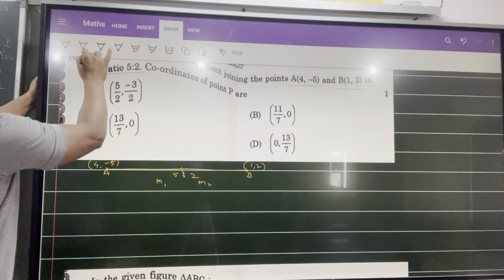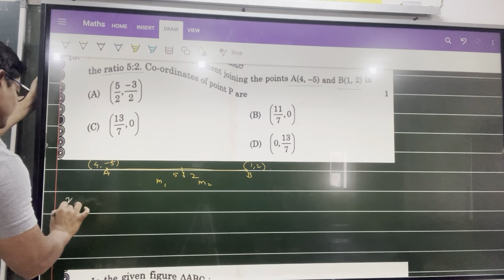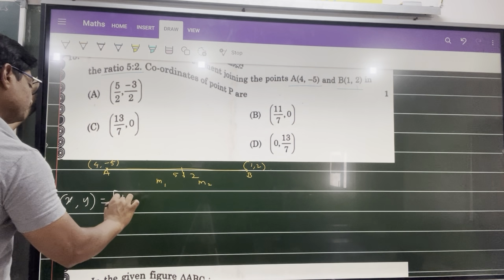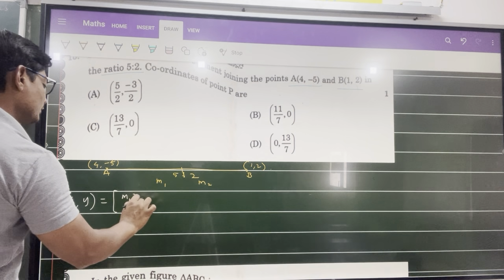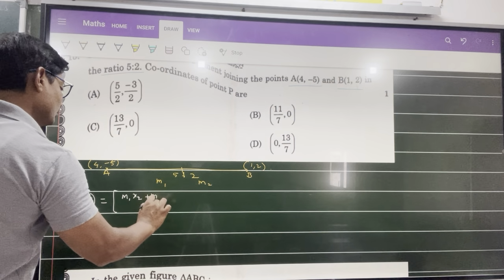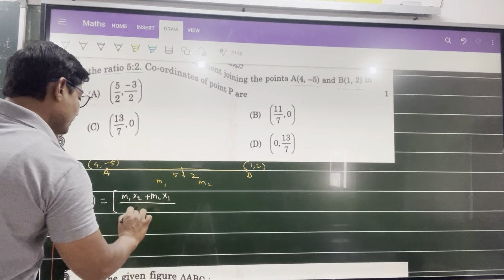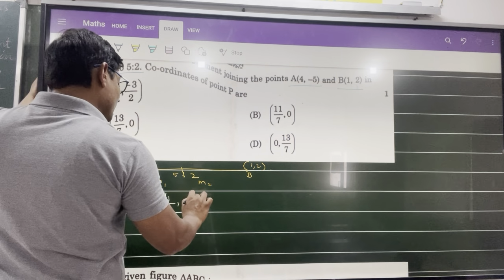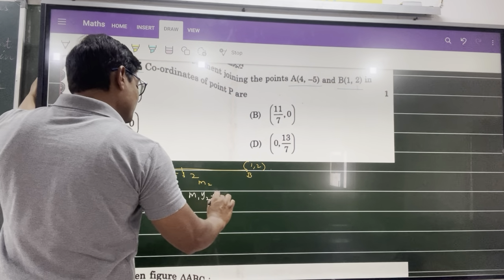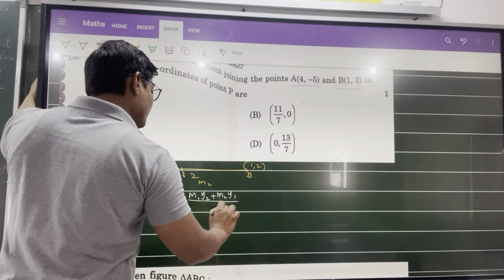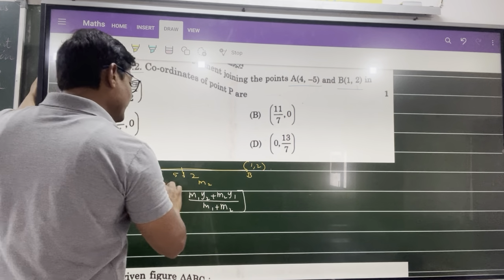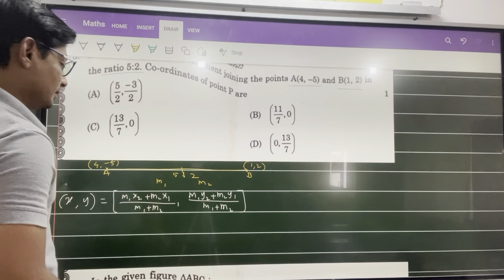So the coordinates of the point are given by (x, y) equal to (m1 x2 plus m2 x1) divided by (m1 plus m2), comma (m1 y2 plus m2 y1) divided by (m1 plus m2). If you are using m and n, then also you can use it in the same way.